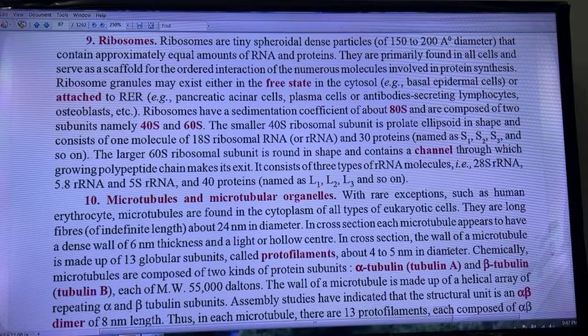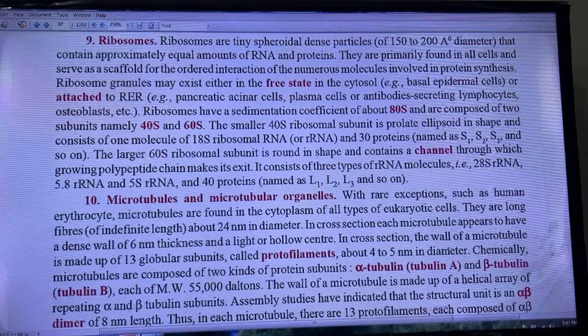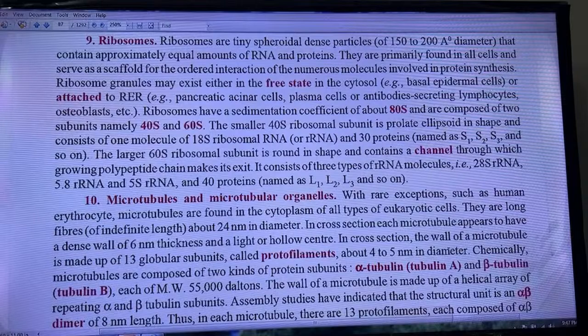Ribosomal granules may exist either in the free state in the cytosol, for example in basal epidermal cells, or attached to the rough endoplasmic reticulum, as in pancreatic acinar cells, plasma cells or antibody-secreting lymphocytes, and osteoblasts.